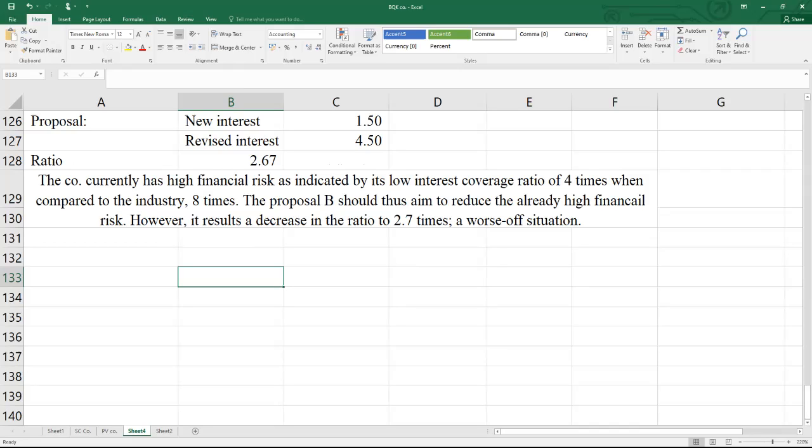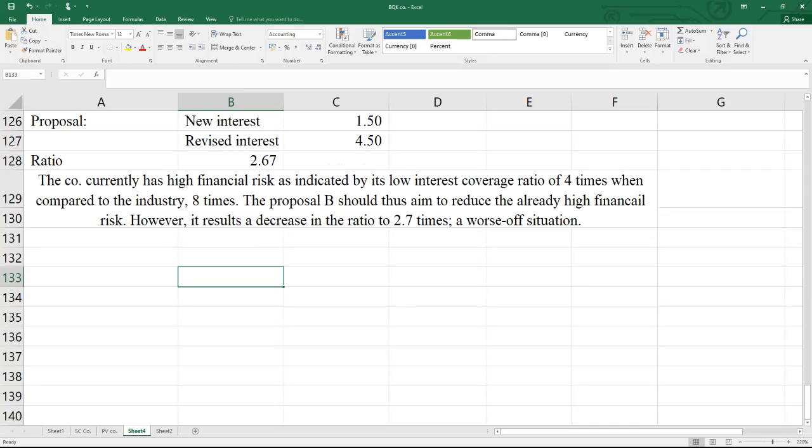Clear? Sir? Yes. Why did you multiply the new interest with 15 million? Because don't forget this debt that you want to acquire, how much interest do you pay on the new debt you want to issue in proposal B? 10%, isn't it?